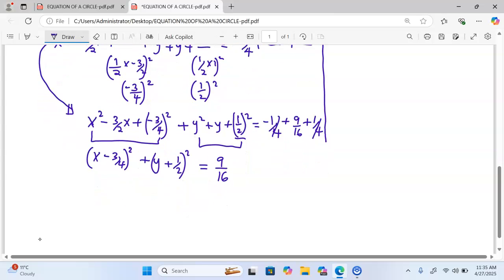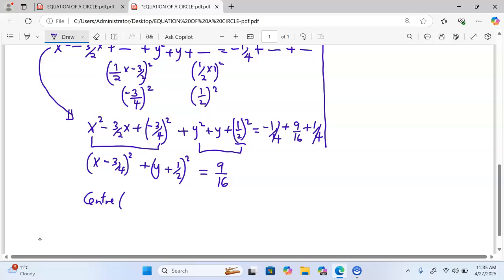From here now we are able to get the center. Remember the center, x minus 3/4. 3/4 in this case is our a, and if this is a negative, then we are going to have a positive value of 3/4, which is 0.75.